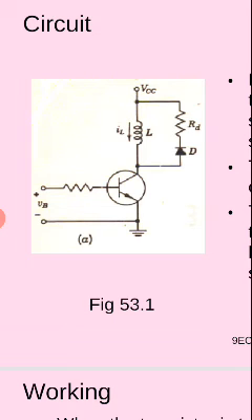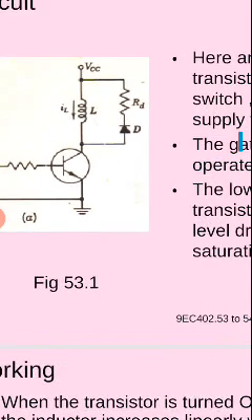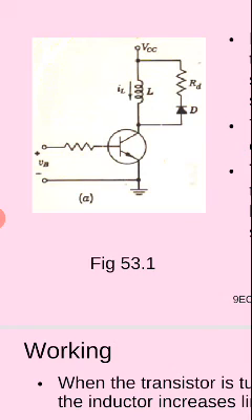The current flowing through the inductor is IL. And voltage VB is applied. This is the circuit detail.